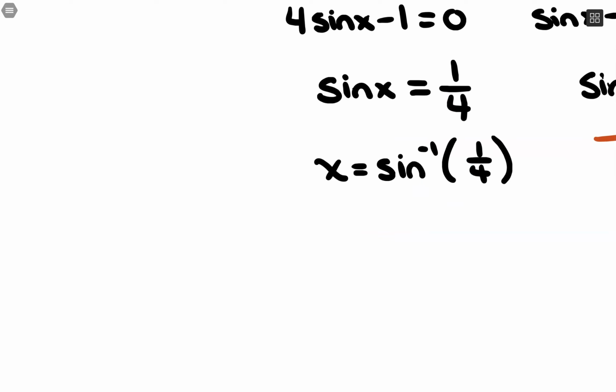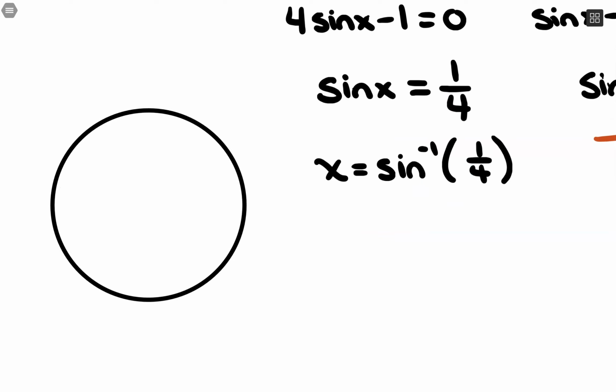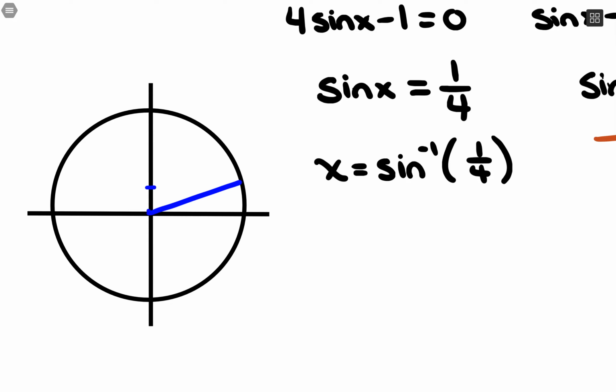So if I go to my unit circle, this is telling me we have a y-coordinate of positive 1/4, so I'm going to need a calculator to help here. But that should be, let's see, y of 1/4 is maybe about there. So let's say there and there. So I need these two angle measurements. So if I plug in inverse sine of 1/4, that'll give me that red angle there, which is 0.2527.